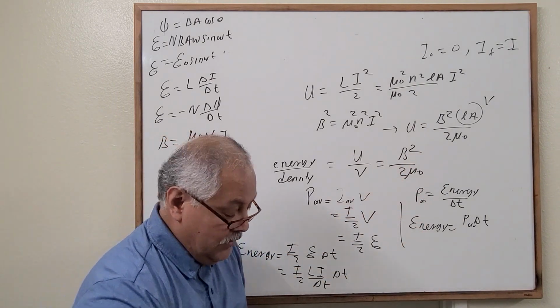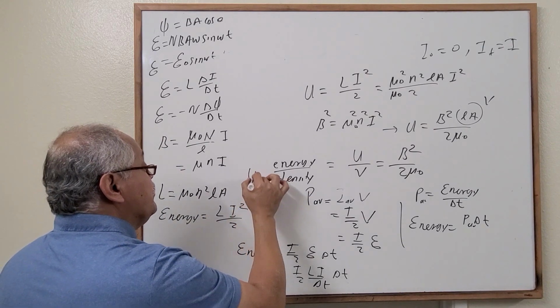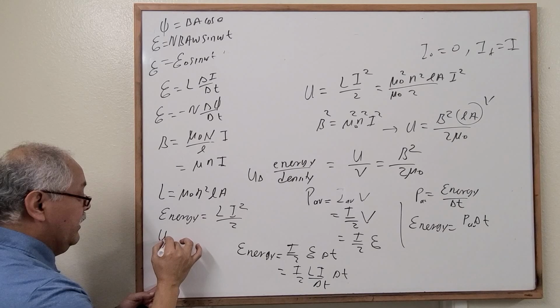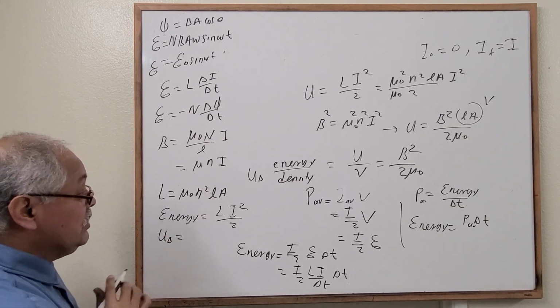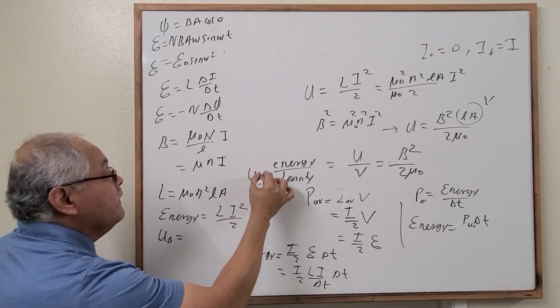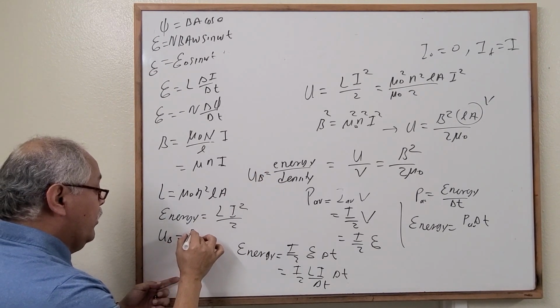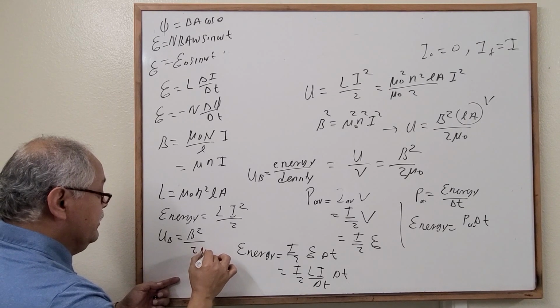We can represent this energy density in this way for the magnetic field: B squared divided by 2 mu naught.